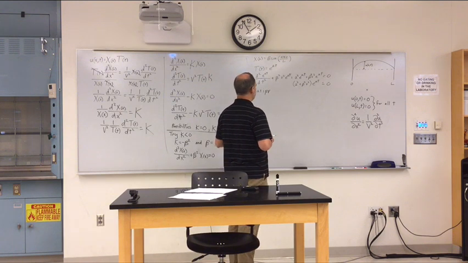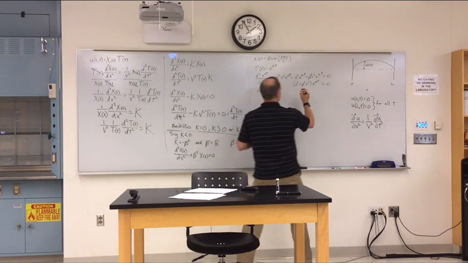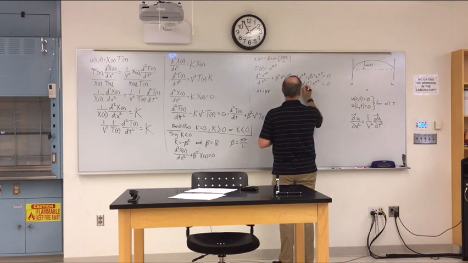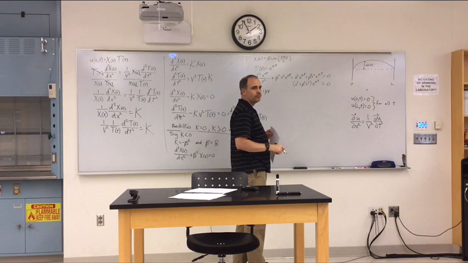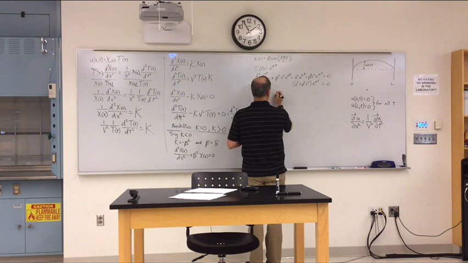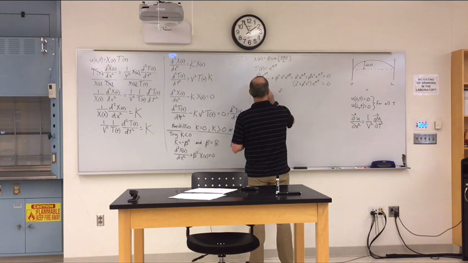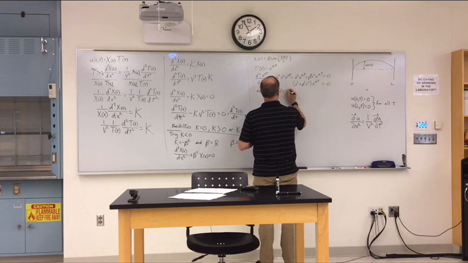Well, if you square this, that would be the same as i squared times beta squared times v squared. So a squared would be equal to plus or minus, whichever one you want, squared.